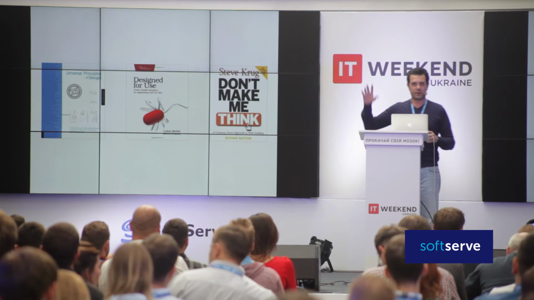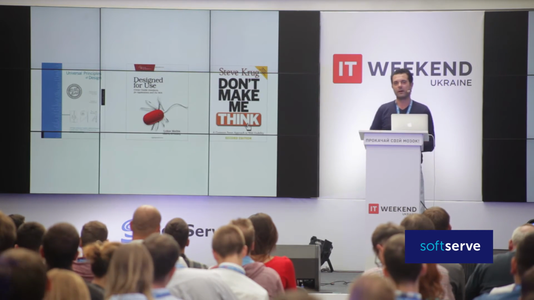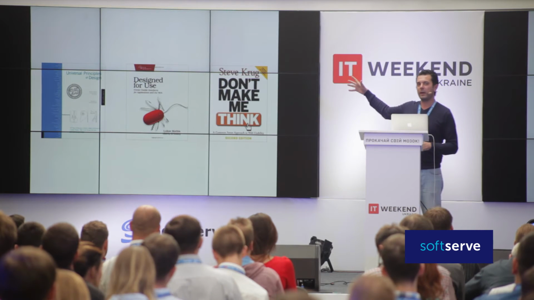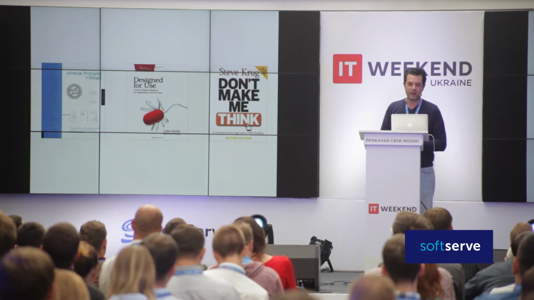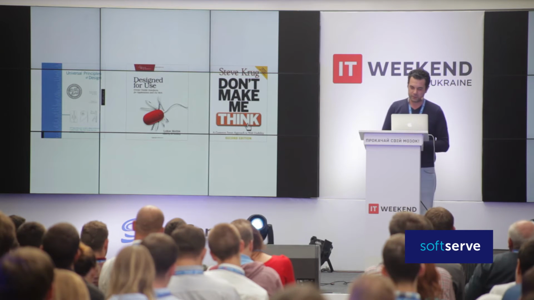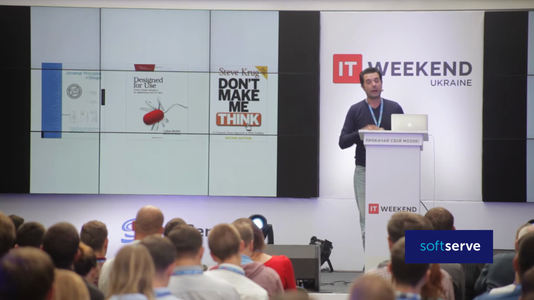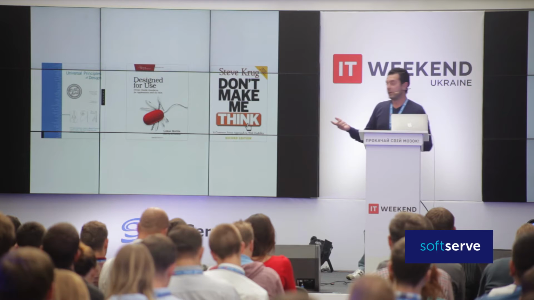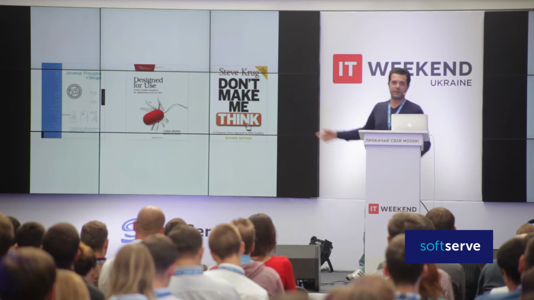So these are classics. I mean, these are the Hemingway classics of user interface design. Universal Principles of Design, Designed for Use, and Don't Make Me Think, which is old, but still very, very actual.